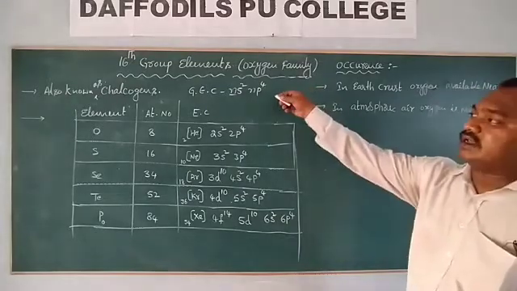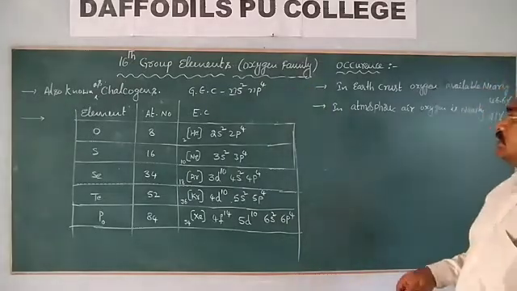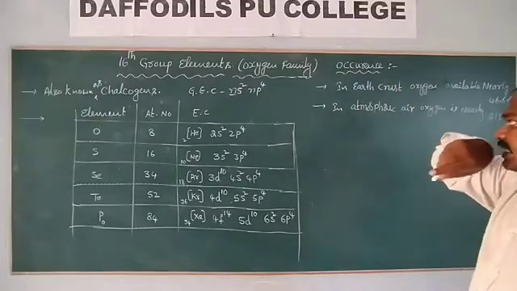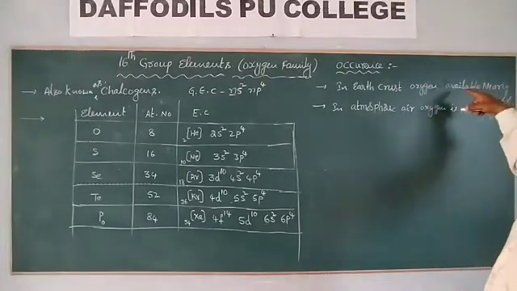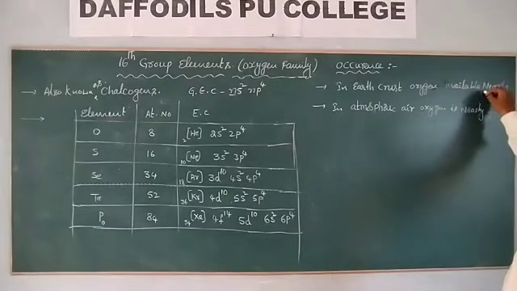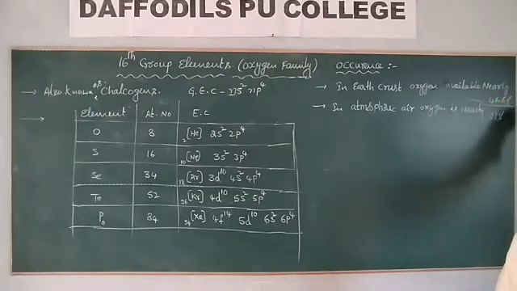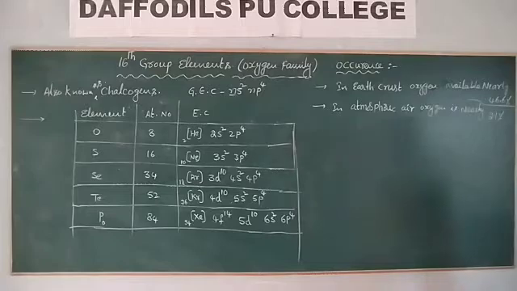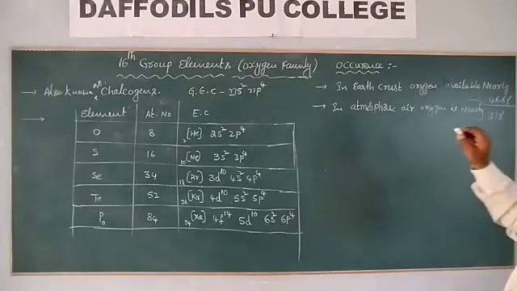Hence, these elements are called chalcogens. The most abundant element in the earth's crust is oxygen, nearly 46.6% by weight, and in the atmosphere it is nearly 21% by volume.